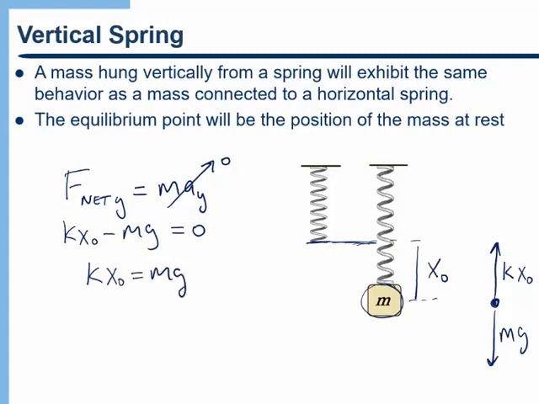So one of the things that we see is that where the new equilibrium position is does depend on the acceleration due to gravity. But now the question is, does the period of motion, once we start this object oscillating, does that depend on g? That's what we want to look at next.